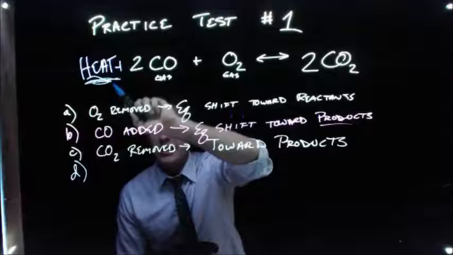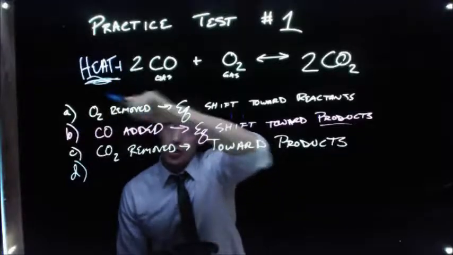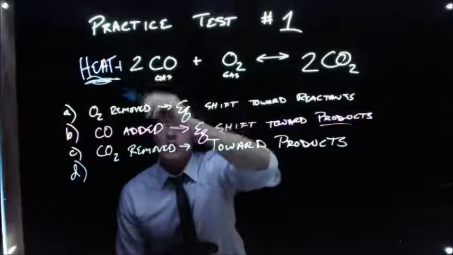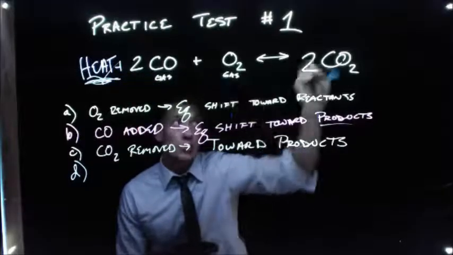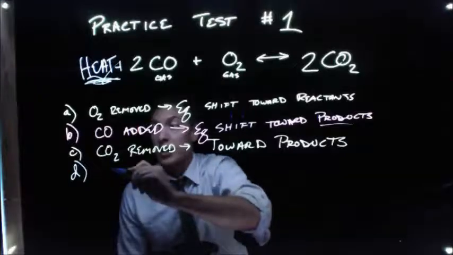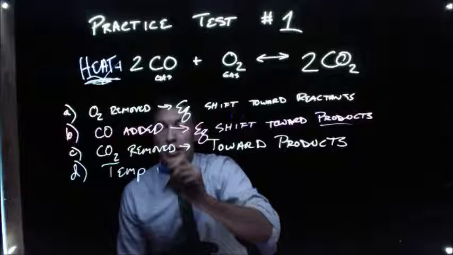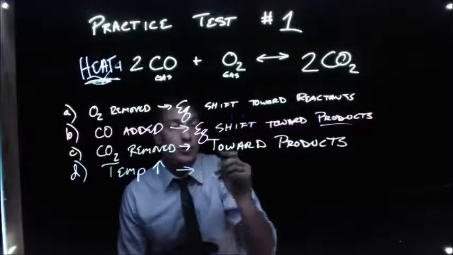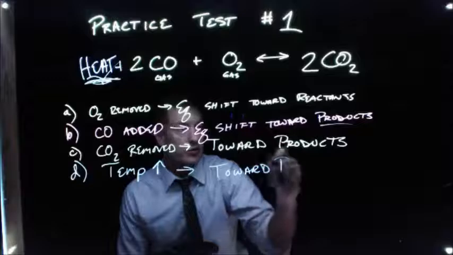So if we add heat to the system, it's going to try and use up that extra heat. So it's going to consume the extra heat and some CO and some O2, and it's going to produce more of the products. So if temperature is increased, it is going to shift toward the products.